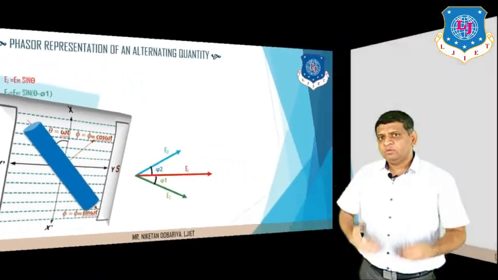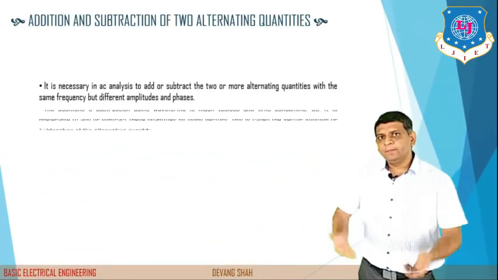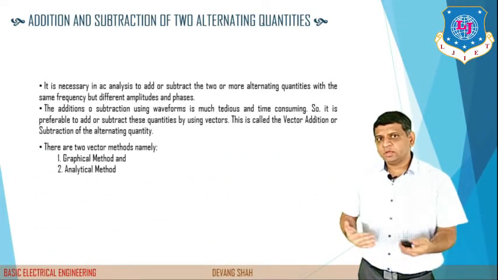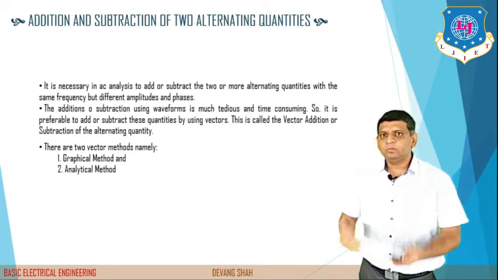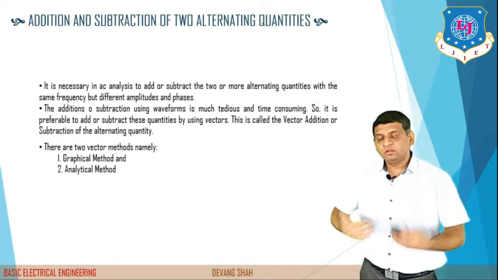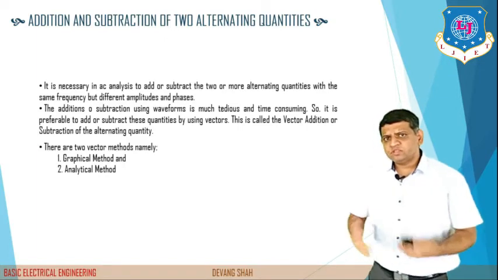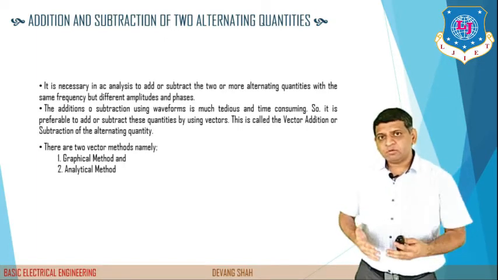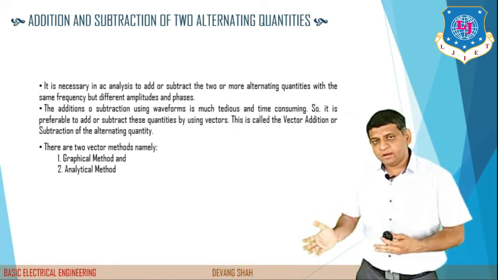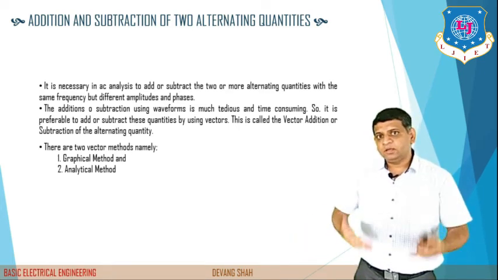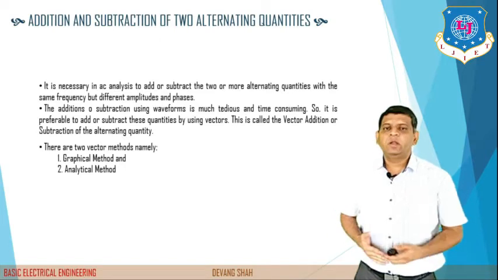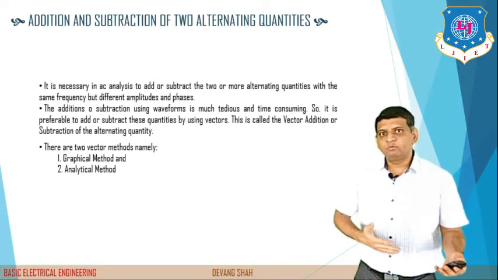Now, what are the different methods to represent these vectors? Here we can consider there are two important methods. One method is called the graphical method, and another method we define as the analytical method, right? This is very important because you cannot straight away simply do addition, subtraction, multiplication or division of these quantities. It's not like 2 plus 3 is equal to 5. Why?